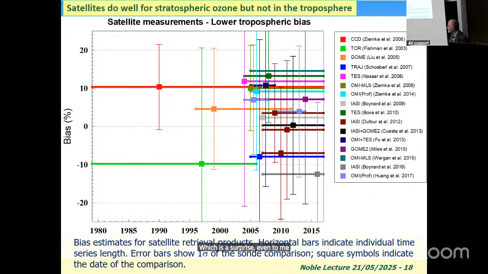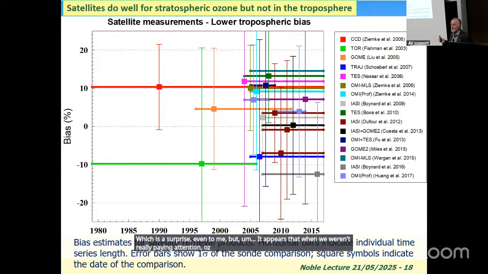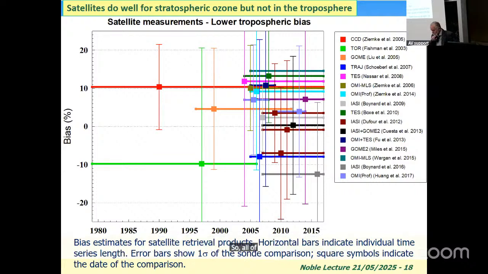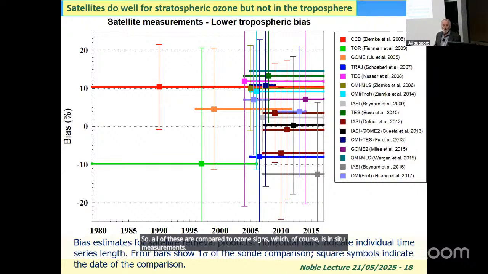But it appears that when we weren't really paying attention, ozone sondes have become the gold standard for measurement in the atmosphere. So all of these are compared to ozone sondes, which of course are in situ measurements, really what you want to look at when you're trying to see if your profile is any good.